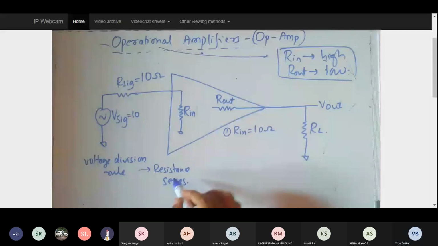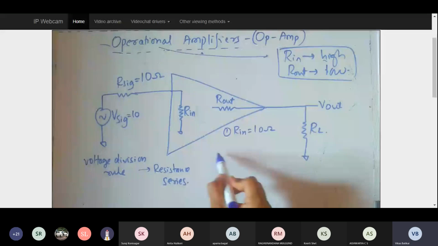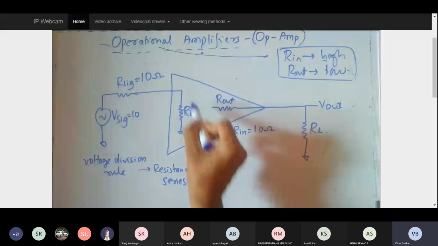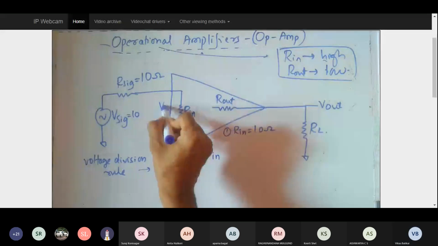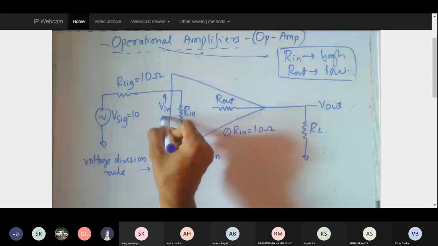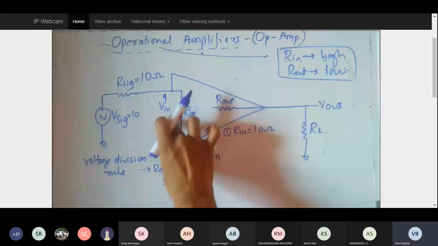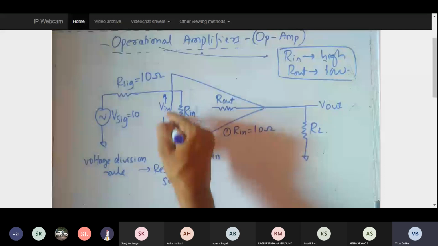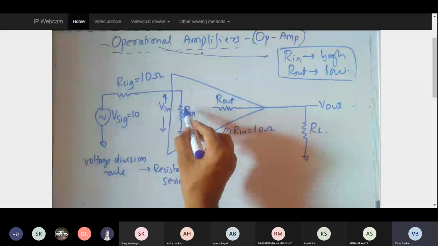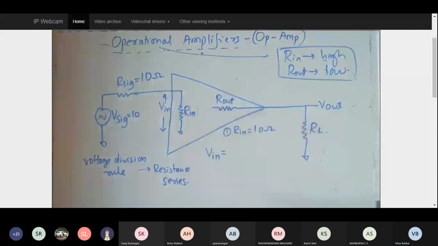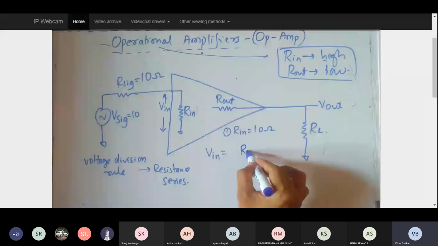That is Vin. So this is my Vin. Vin is equal to, across which resistance do I want the voltage? I require the voltage across Rin. I'll keep it in the numerator. And in the denominator, I'll do the summation of all the other resistances that are attached to Rin.